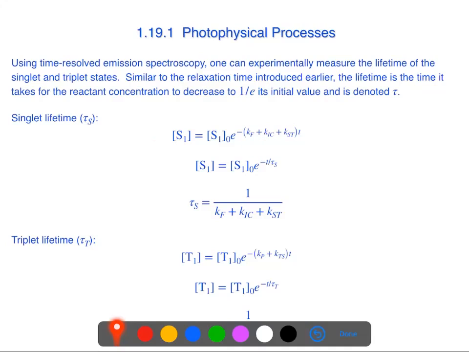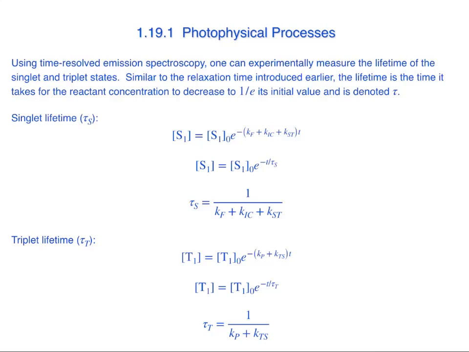We can substitute this sum of rate constants with tau S. So tau S, the singlet lifetime, is in fact the inverse of the sum of those deactivation pathways. Similarly, the triplet lifetime is also equal to the inverse of the sum of the rate constants for those deactivation pathways. So tau subscript T is equal to 1 over Kp plus Kts.